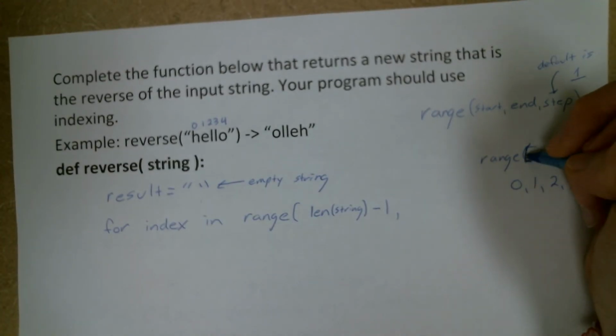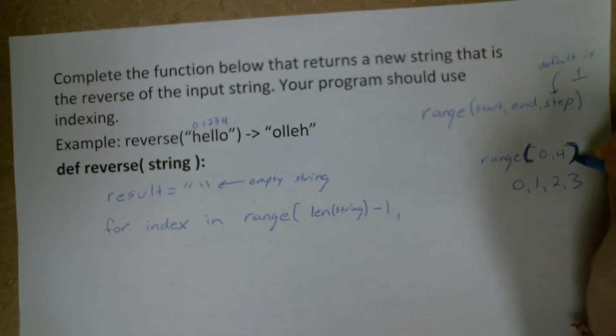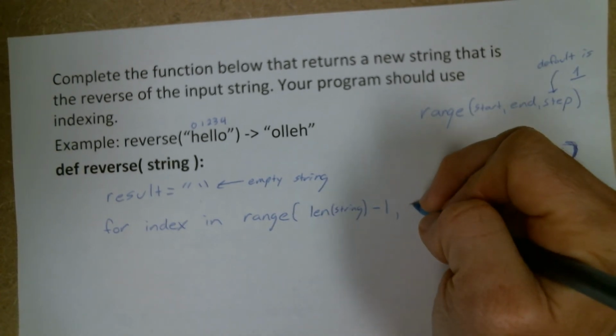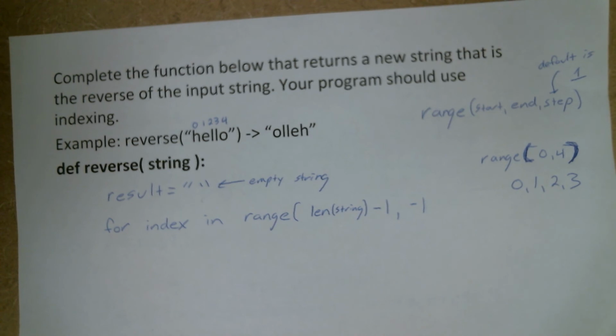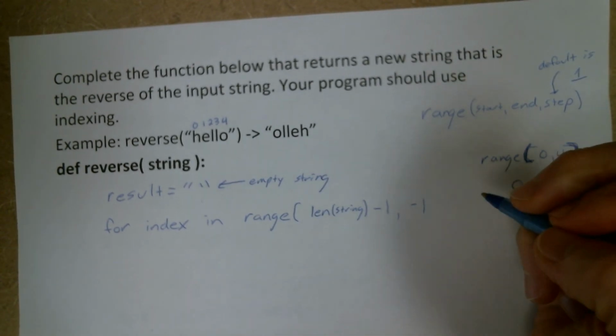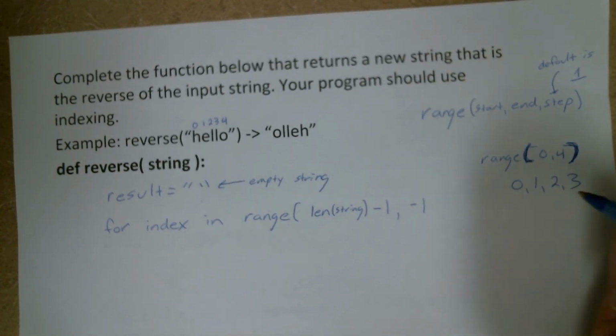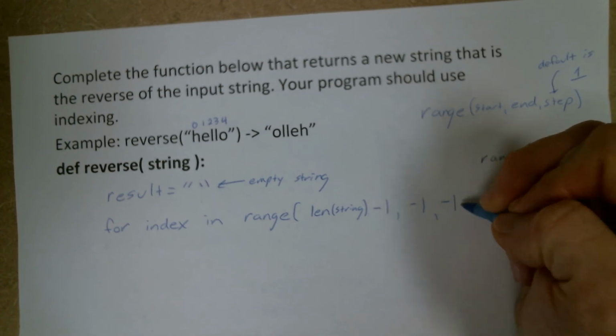So if I want to stop at 0, I actually need to go all the way down to -1, because if I go down to -1, I'll get the 0 that I'm looking for. And then I'm going to provide the step. This is the part that's different, the part that normally we don't use, but I'm going to provide a step of -1.